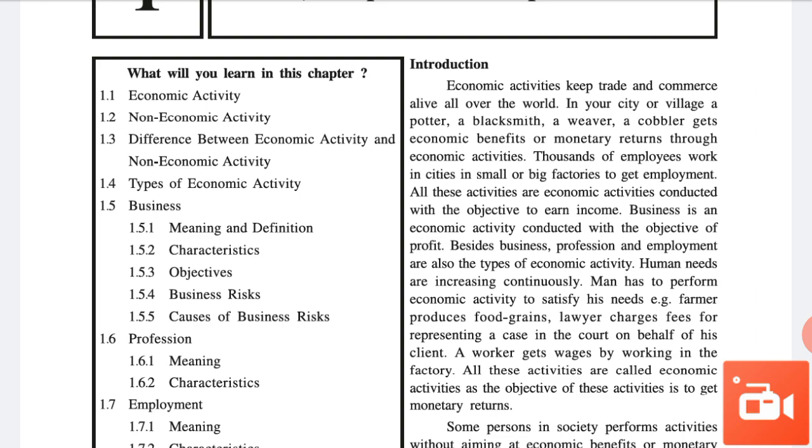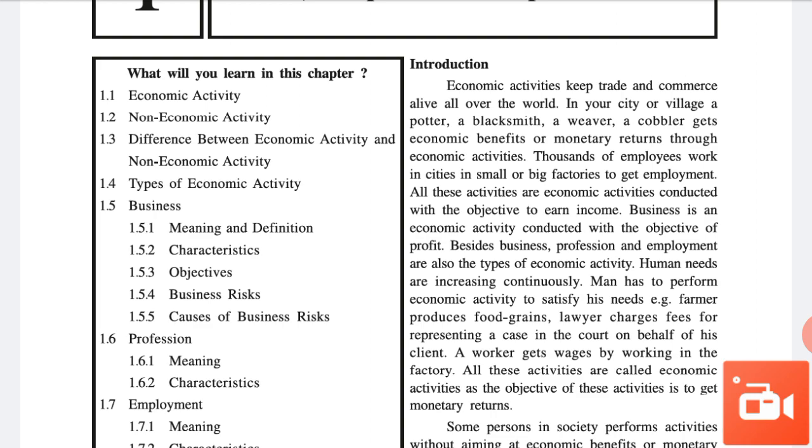Economic activity keeps trade and commerce alive all over the world. In your city or village, a potter, blacksmith, weaver, cobbler gets economic benefits or monetary returns through economic activity. Thousands of employees work in cities, in small or big factories to get employment. What is economic activity? Any activity someone is doing, and in return for that activity, he gains monetary things.